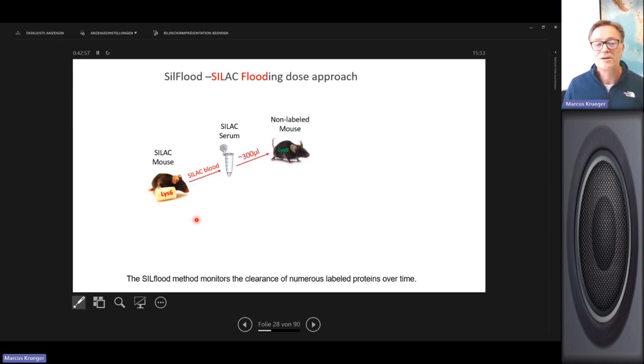And then what we did is we injected roughly 300 microliters into a non-labeled mouse. That is quite fine for the mouse, there's no problem with that. And of course, they don't like to be injected with something. But we injected 300 microliters of the heavy blood into this mouse. And why do we do that? The idea was to monitor the heavy peak in the blood after certain time points: time point 1, time point 2, and time point 3.